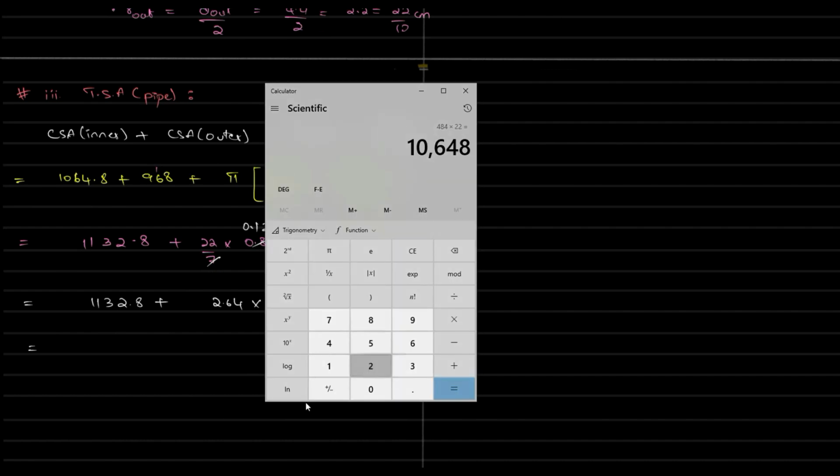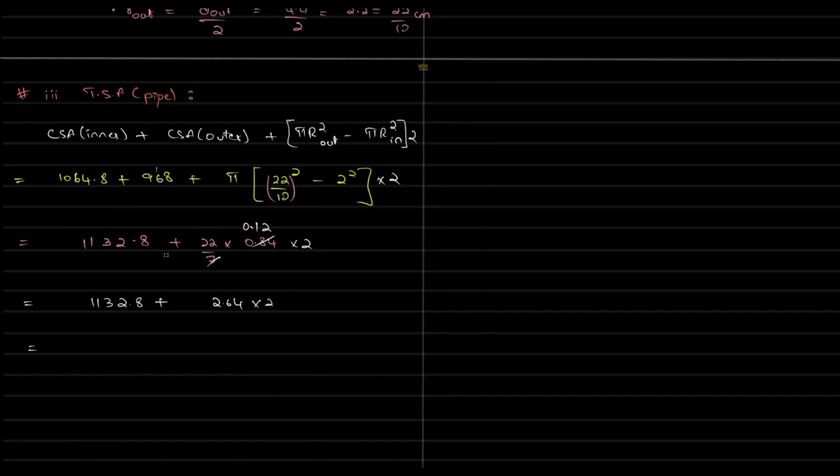Okay, so we have 2.64 into 2 plus 1132.8. Wait, oh, this calculation is wrong. This itself is wrong. This is 0.8. 8 and 4 is 12, carry. 6 and 6 is 13, carry.